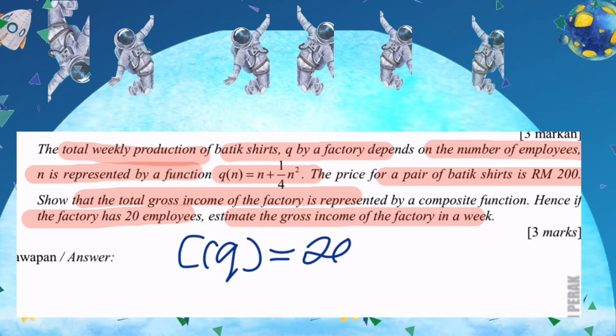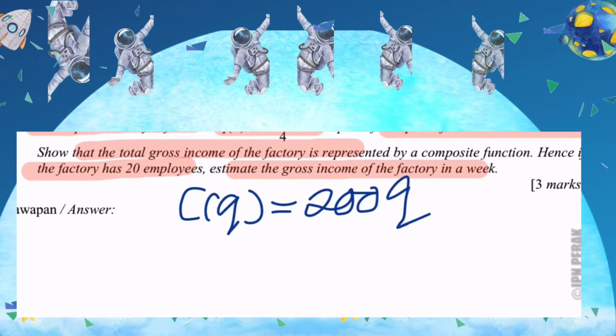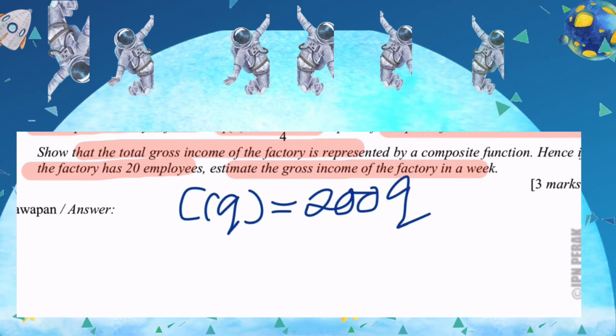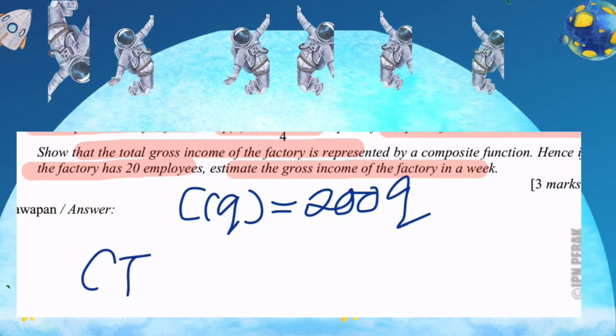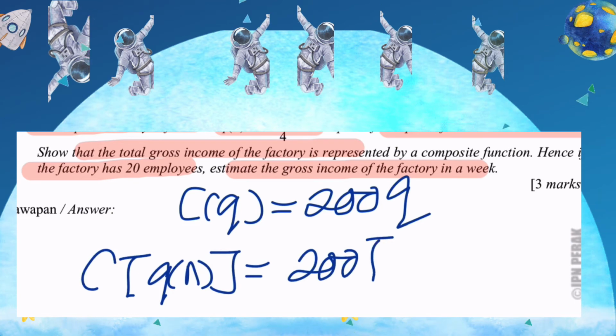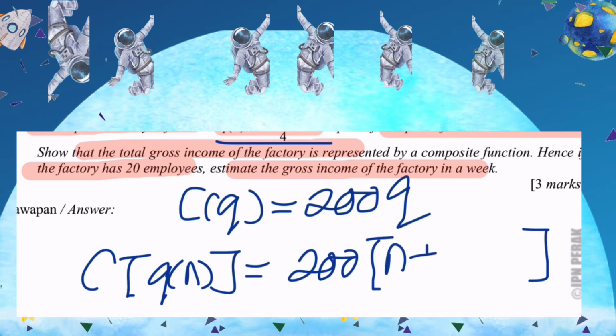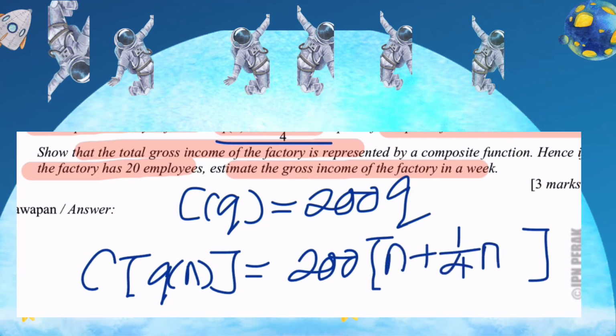As you can see, the function Q(n) is equal to n plus 1 over 4 n squared, and the n is the number of employees. So if we take the number of employees, which is 20, substitute into the function Q, we will get Q(n), which is the weekly production of batik shirts.